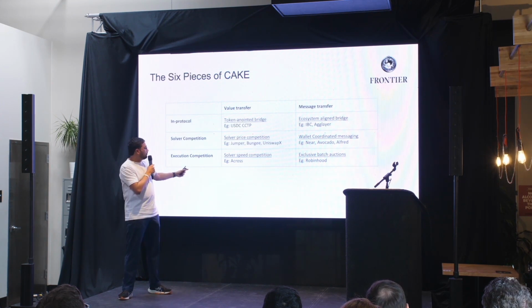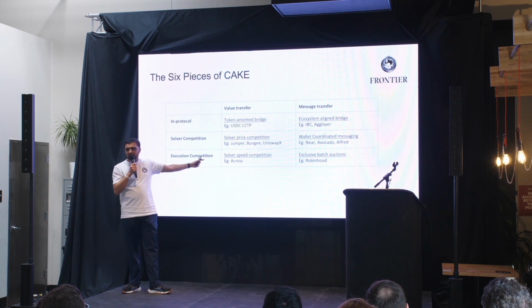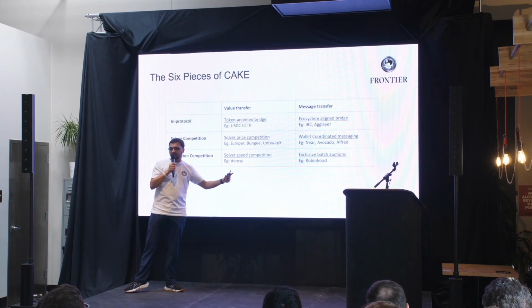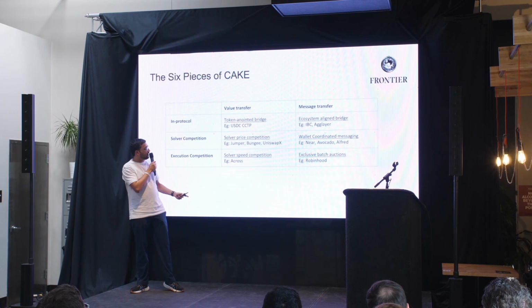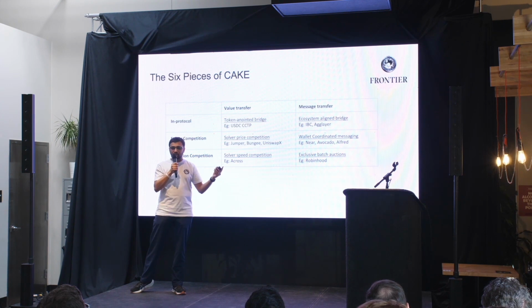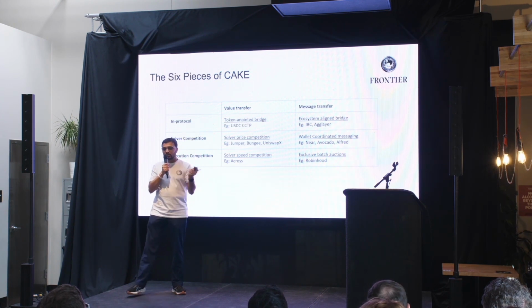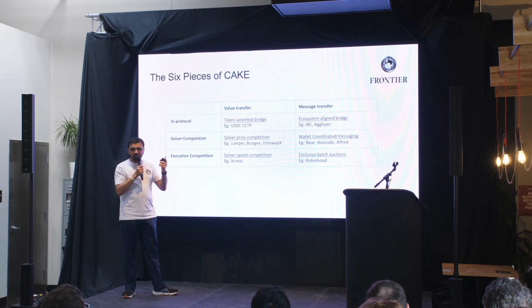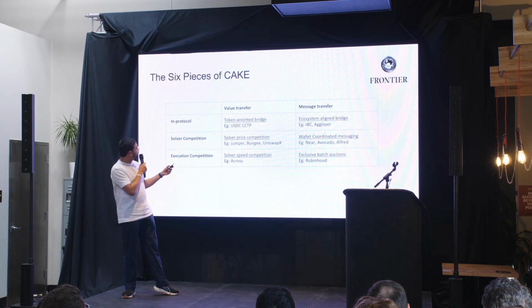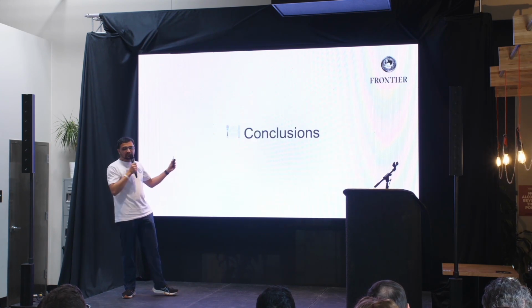So you get things like solver speed competition, where solvers are competing not on price, but on speed, whoever gets to execute that intent first. And then finally, to transfer messages, you have things like PFOF or Robinhood, where there's no competition between solvers. You just give the whole flow to one single solver. There's no information leak, and they can batch things together and make sure that the users are satisfied at a high execution rate. And so these are the 6 pieces of cake.